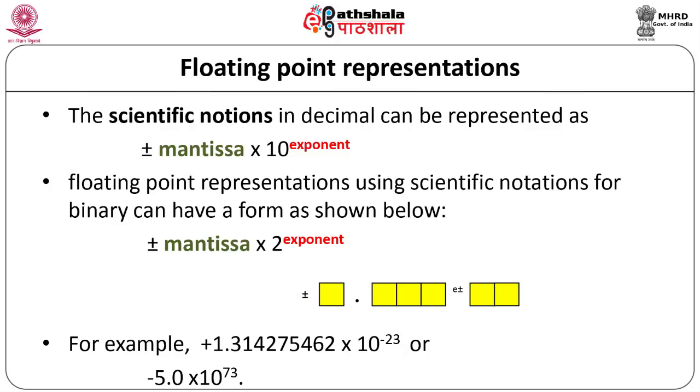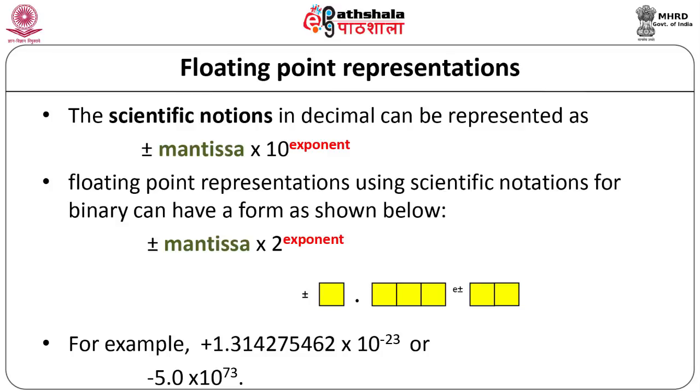Thus, we can have a standard scientific notation as plus minus mantissa into 10 raised to exponent. Similarly, floating point representations using scientific method for binary can have the form as shown below, plus minus mantissa into 2 raised to exponent.